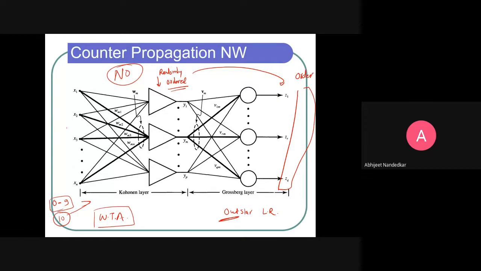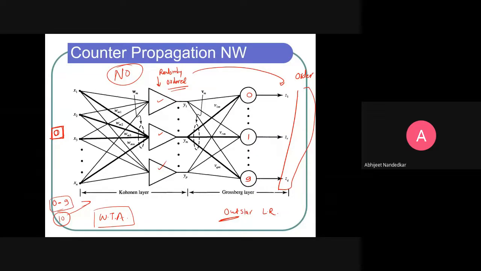That means if I apply a feature of say 0 as input, then this neuron will represent digit 0. This neuron will represent 1, and so on up to 9. So I want a proper order of output, but here the order is random because I assume weights are random.